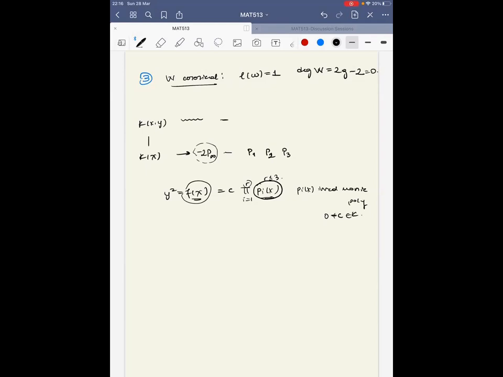I will just present it as a fact. It is known that there also exist places which, in some sense, correspond to these places in the rational function field, whatever this correspondence means.